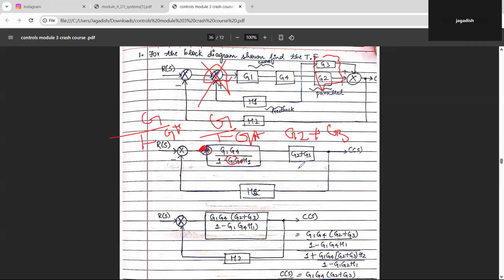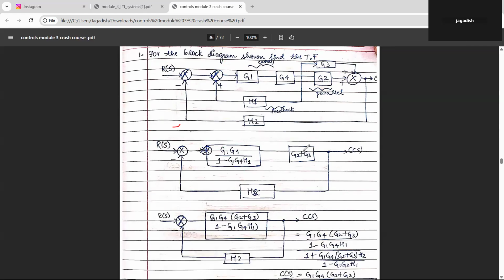So G2 plus G3. 10 marks will come easily if you know all the rules and where to apply them. Also learn the differences between open loop, closed loop, transfer function and all. Learn in the smart way. Don't do hard work. Signal flow graph is also easy. Next concept is signal flow graph only.